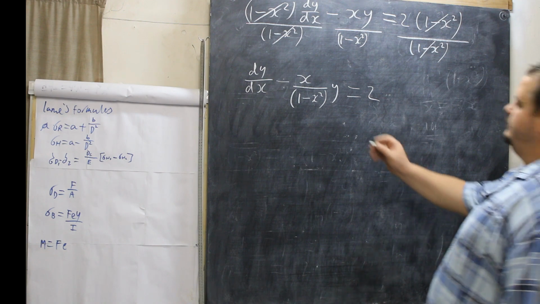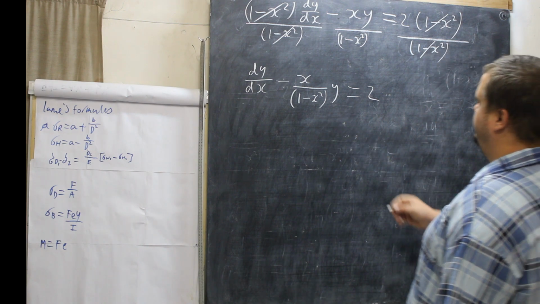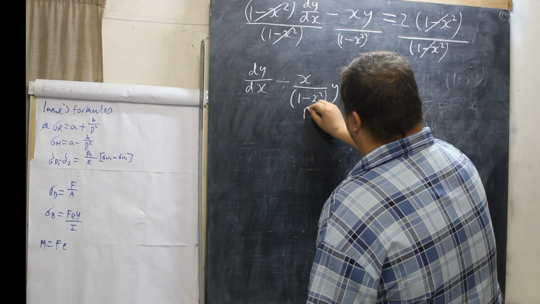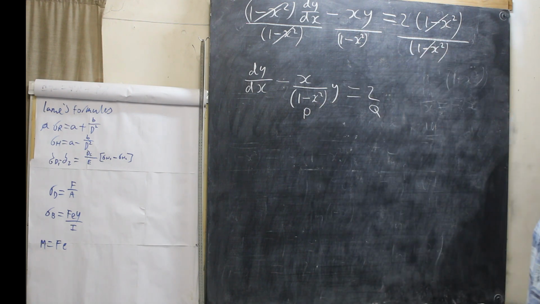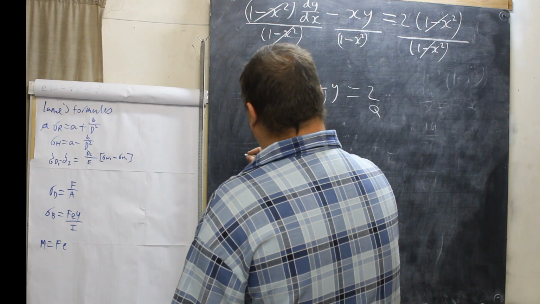Now we're working with the two things called P and Q. This is P and this is Q. You will see how they work with the formula that I'm going to show you.